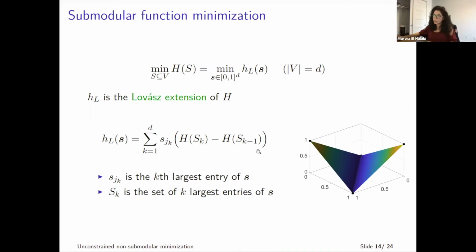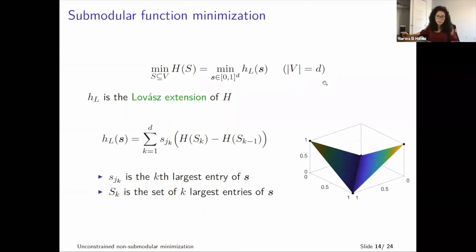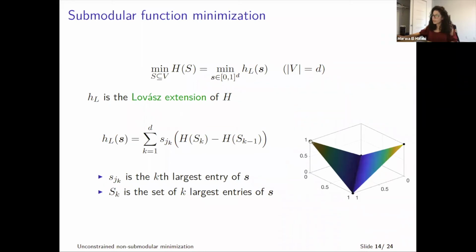Okay, you don't really have to worry about the definition, but just to give an intuition of what this is really doing, I'm plotting here a very simple example with dimension d equal to 2 only. I'm plotting the set function as these black dots. You can always think of a set function as a function on the vertices of the hypercube.